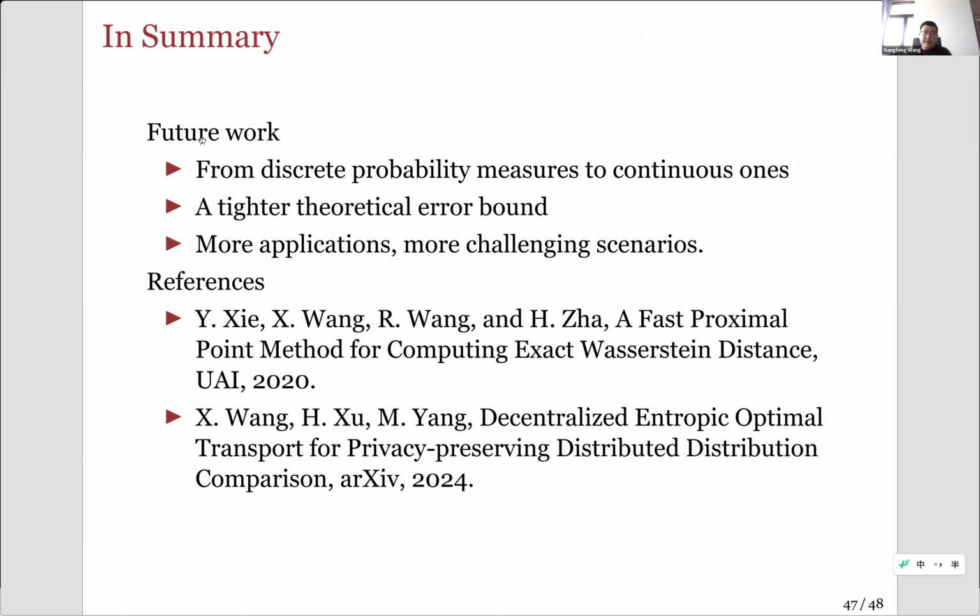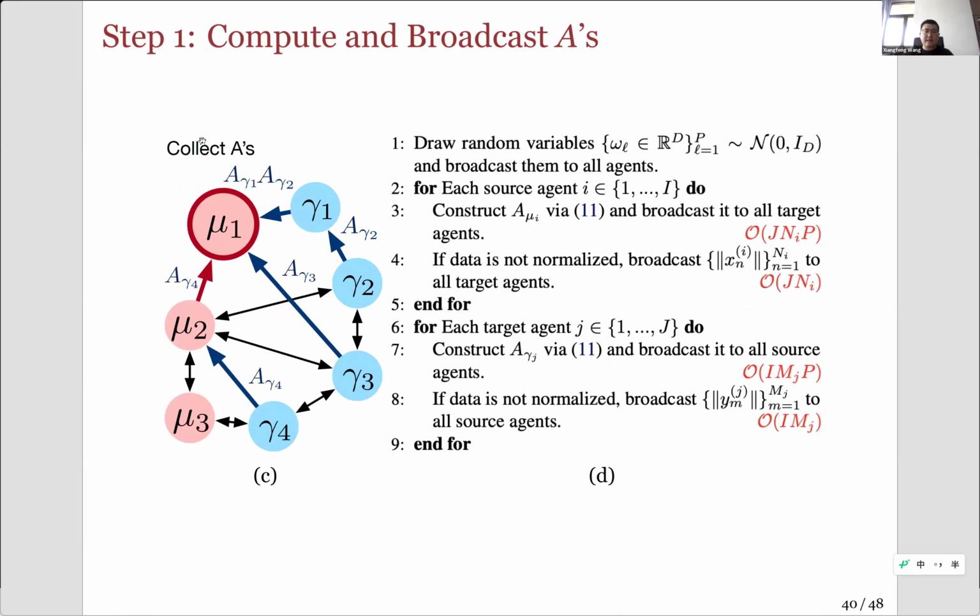And also more applications maybe will introduce more challenges, like the application that we discussed here.